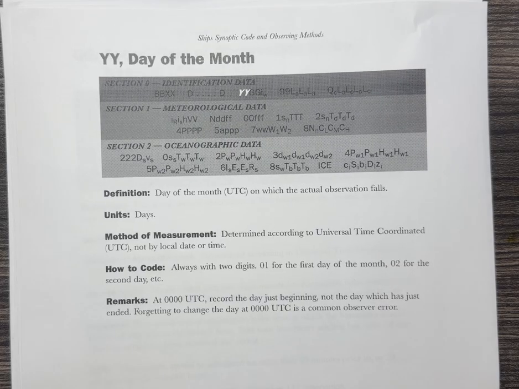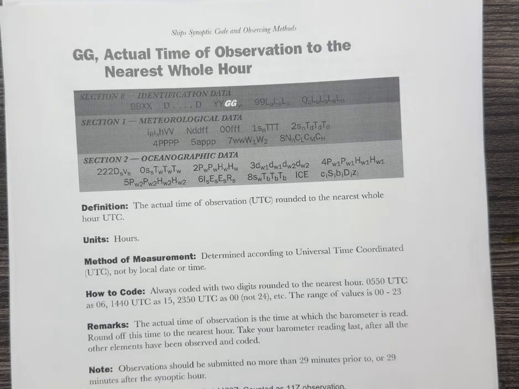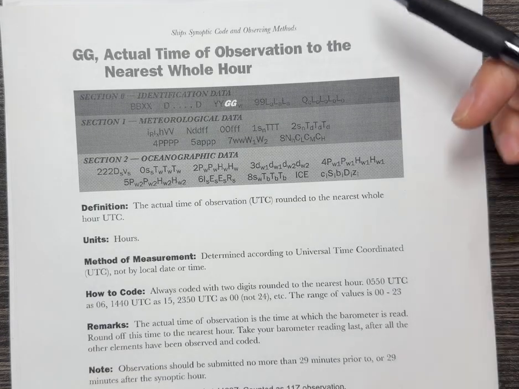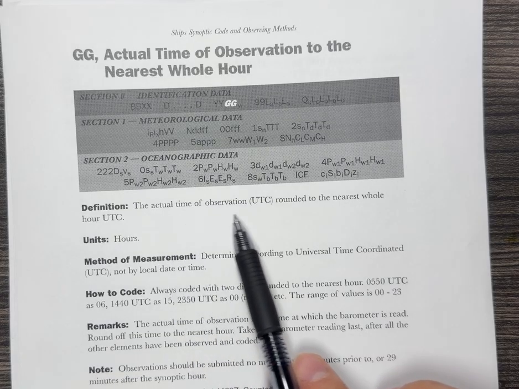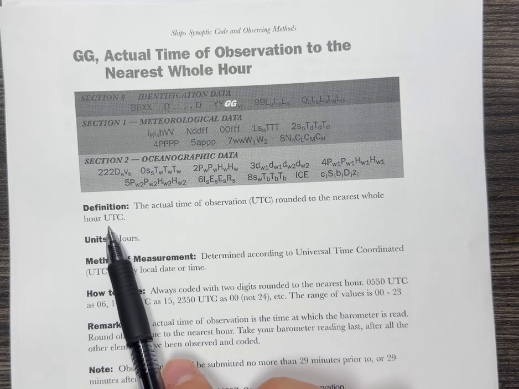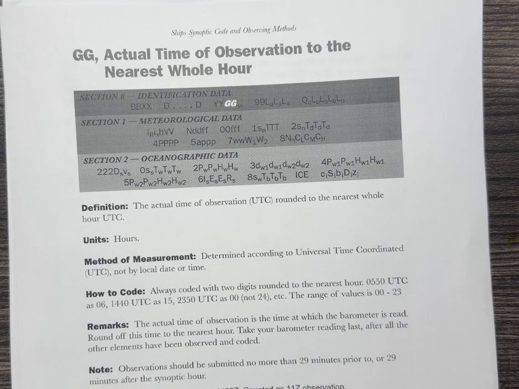So day of the month is YY, so our first two numbers are the day of the month, and our second two numbers are our observation to the nearest whole hour. Again, the time should be observed in the nearest whole hour in UTC. And here it gives you examples. So your 12 Zulu observation transmitted at 11:29 will go to 11. That's how you round and things like that.